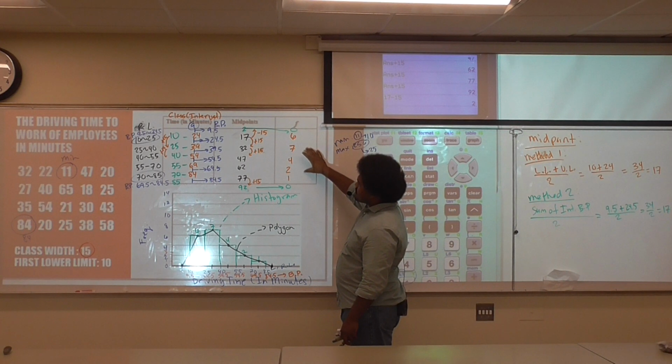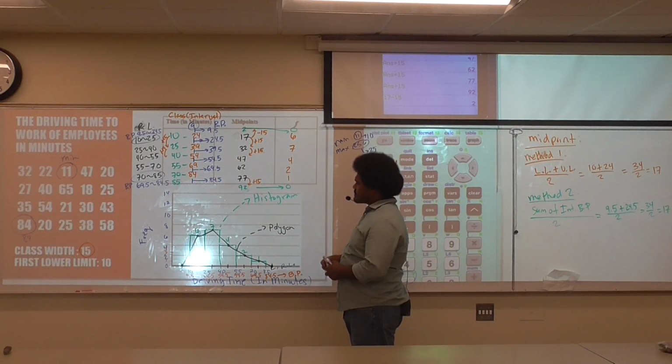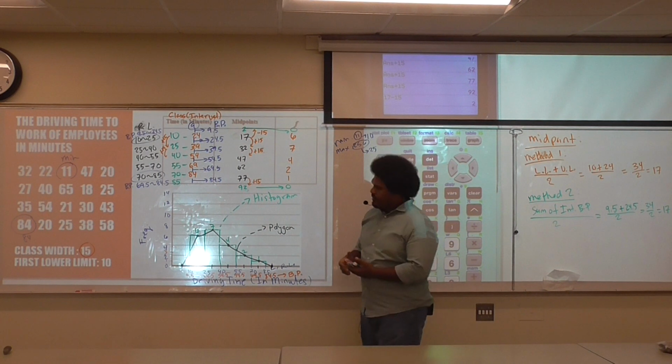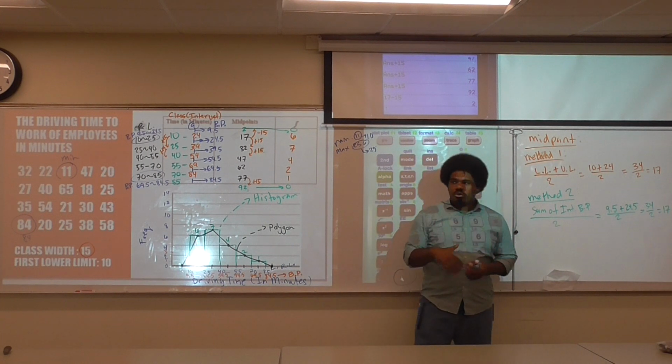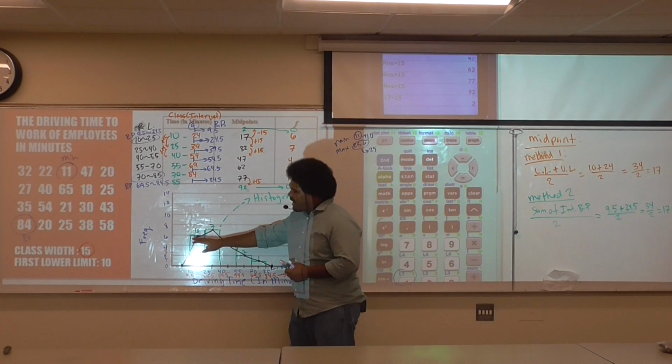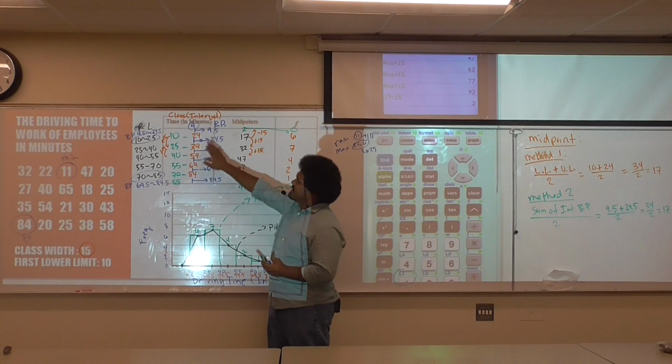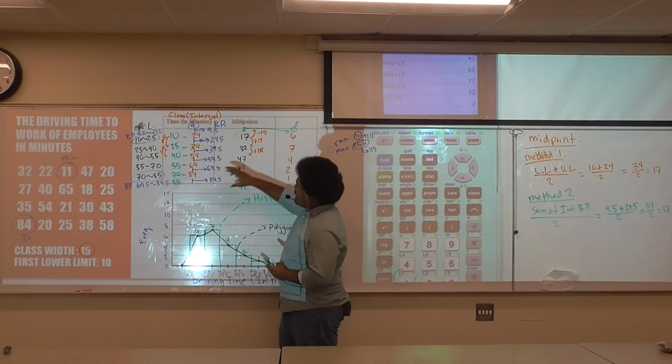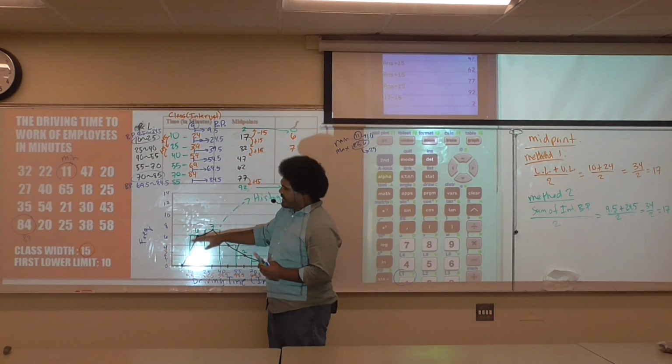But come back over here, how do we graph the histogram using the table, and also how do we graph the midpoints, the polygon. So the first thing I'm going to do is the histogram. I'm going to show you, hey, we're going to do the same thing. But how do we graph the histogram? If we have this table already, if we have this guy and this guy, how do we graph the histogram?